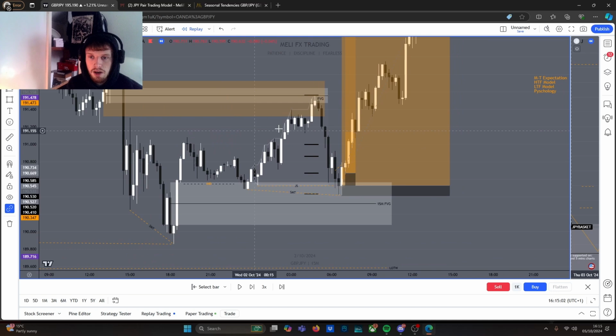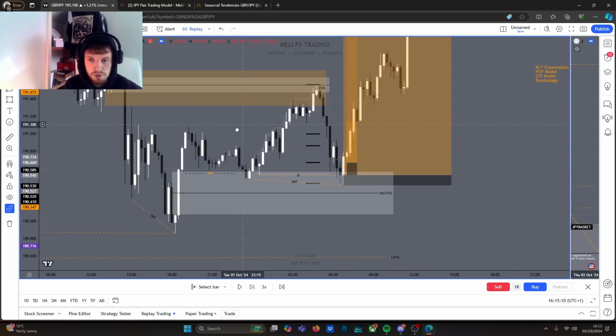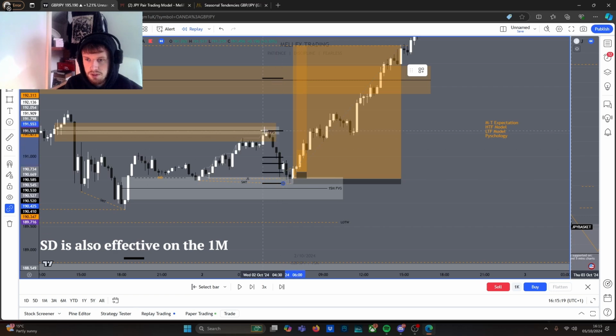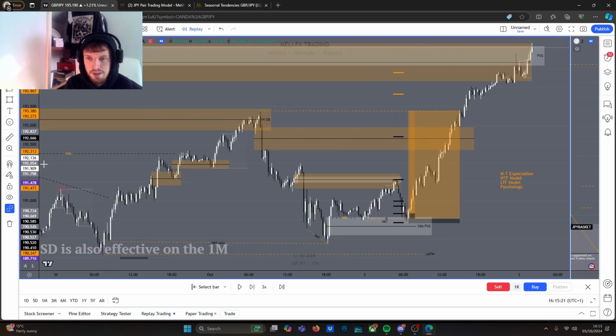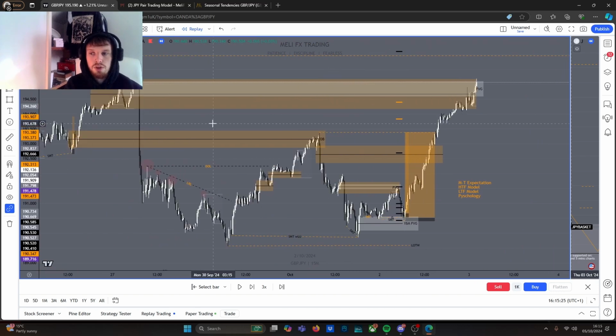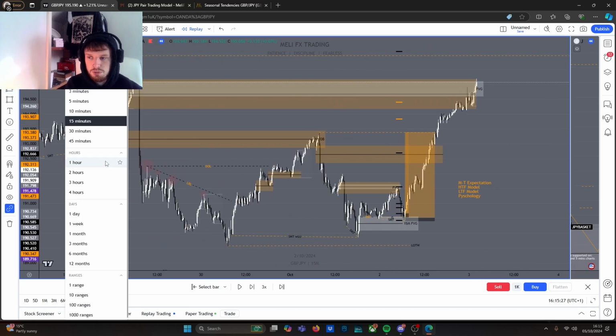So for me, I measure it from the manipulation leg, which sweeps the liquidity, makes an SMT externally and internally, and taps a PDA. 3 confluences, right, which is also an OTE. So all you got to do, right, get the settings, open it up from this low to this high. Now 2 standard deviation usually is where a price will stall. So as you see it done here, and usually it lines up with a PDA of some sorts.